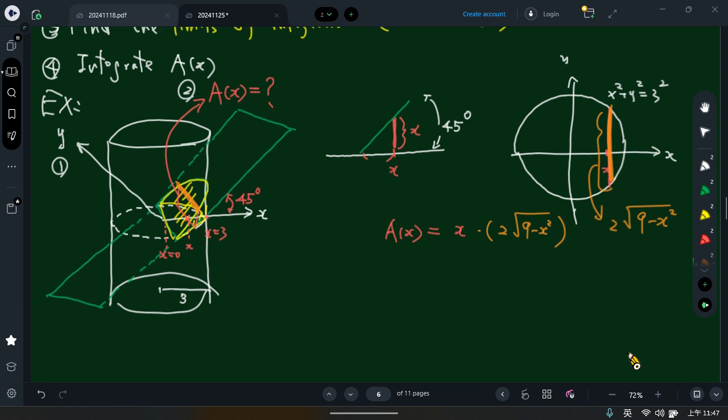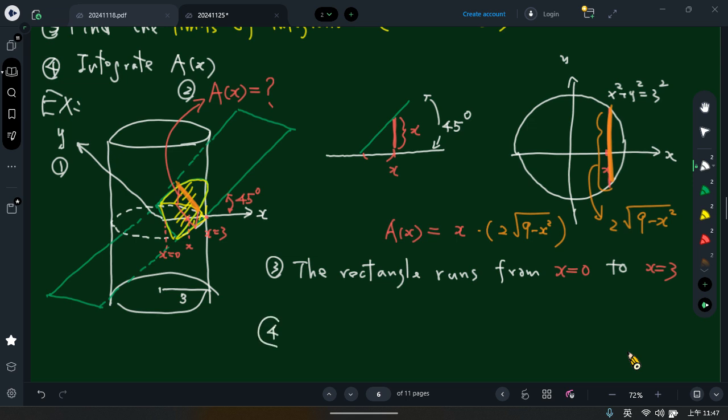So the third part is the rectangle should run from s equal to 0 to s equal to 3.